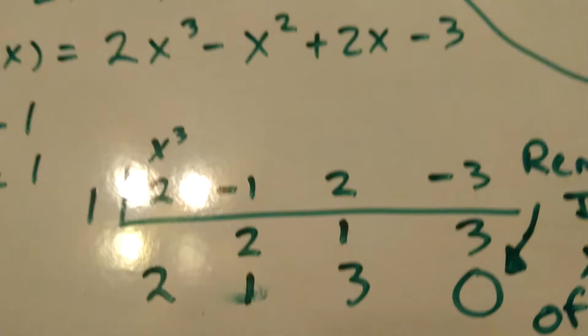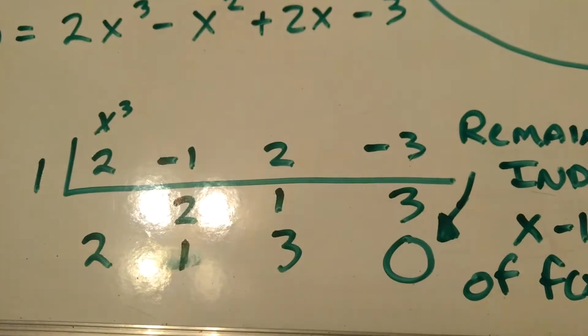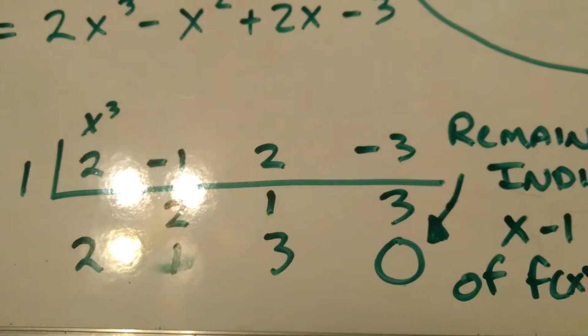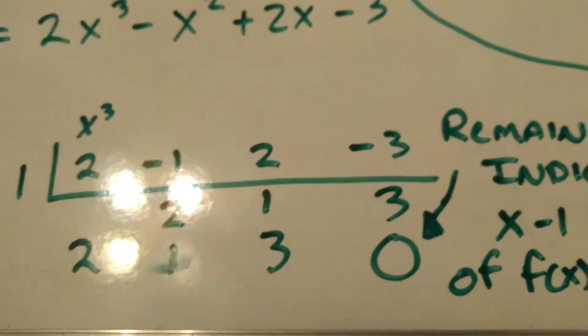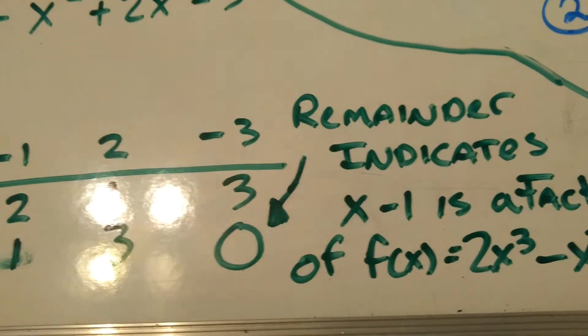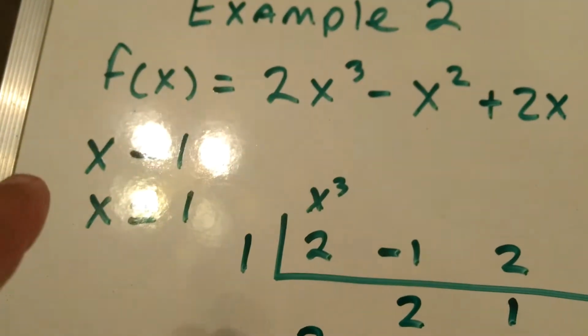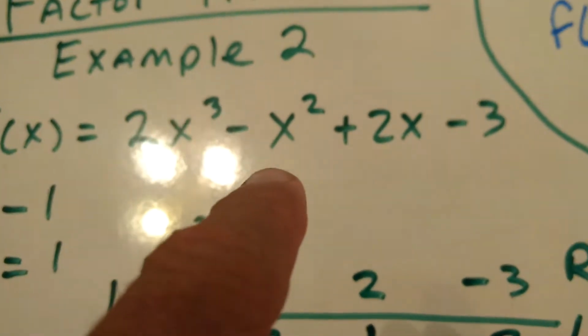Anytime I do synthetic division with a 0, and get a 0 remainder, that means that the factor I have is a factor of this polynomial. So x minus 1 is a factor of this polynomial.